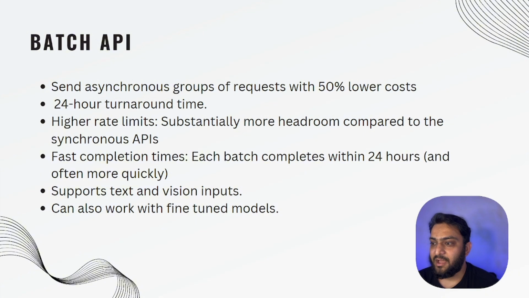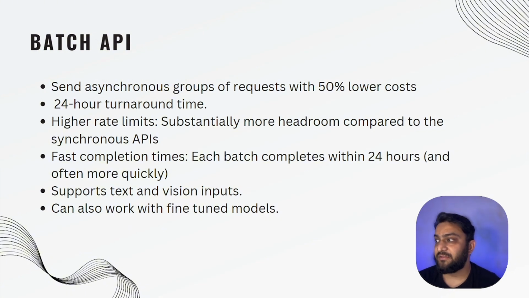In order to stop those kinds of things, and to limit the overburdening of their systems, they have limits, and the limits are different for streaming API and batch API. With batch API, your limit would be higher, so you would be able to send more requests at a time. That's a benefit you get. So yes, substantially more headroom compared to the synchronous streaming API.